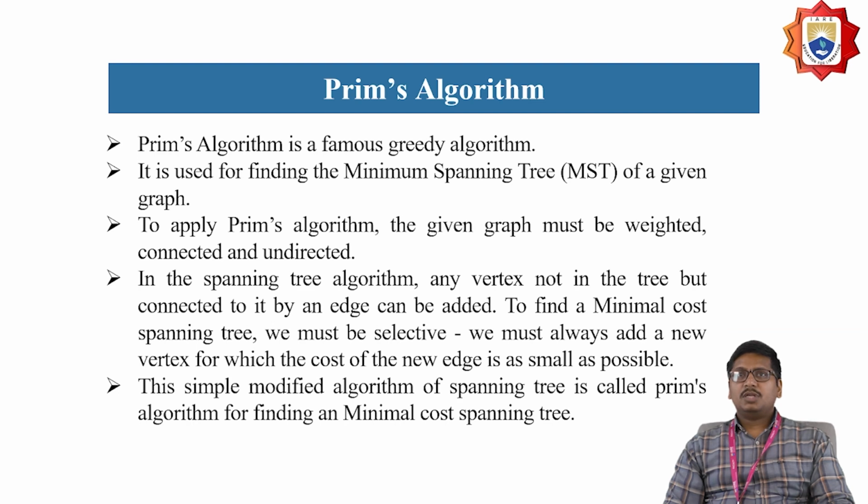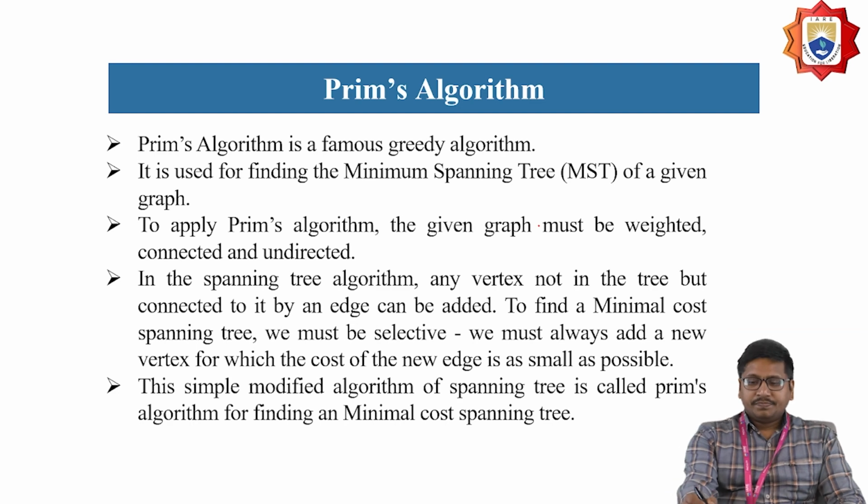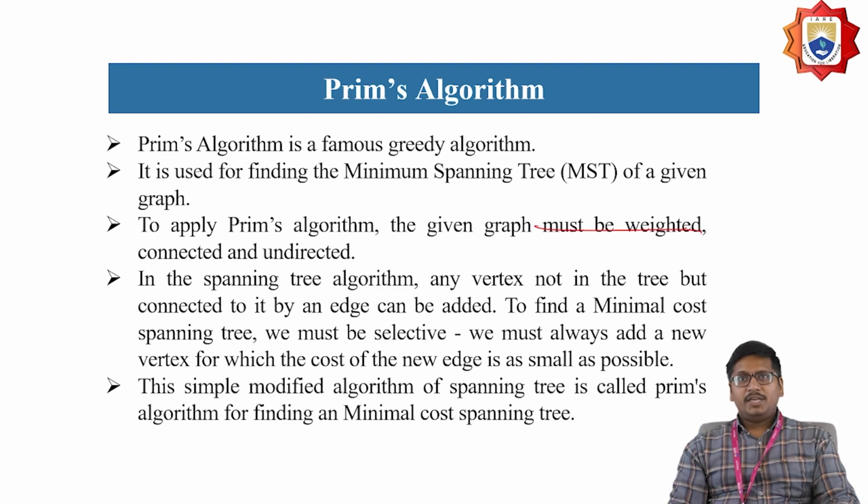Okay, so Prim's algorithm is a famous greedy algorithm and is also used for finding the minimum spanning tree. To apply it, the given graph must be weighted, connected, and undirected. In the spanning tree algorithm, any vertex not in the tree but connected to it by an edge can be added.